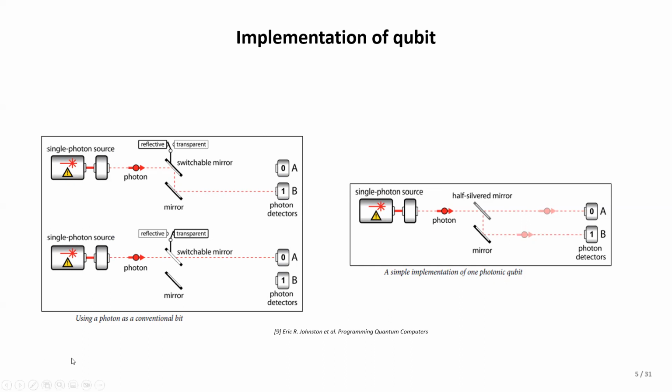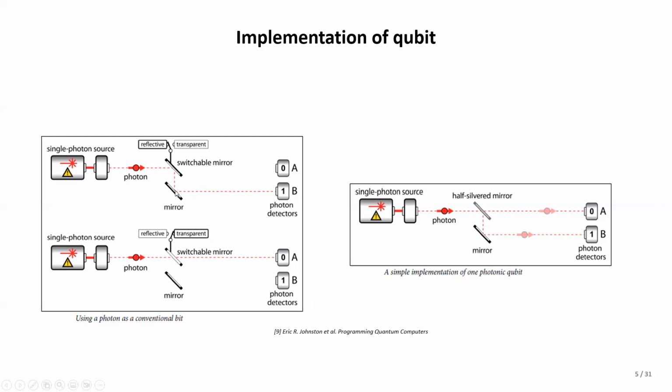In this figure, the left-hand side is an example for the bit. As shown in this device, a switchable mirror, this one here, which can be set as either reflective or transparent, allows us to control whether a photon ends up on one of two paths.